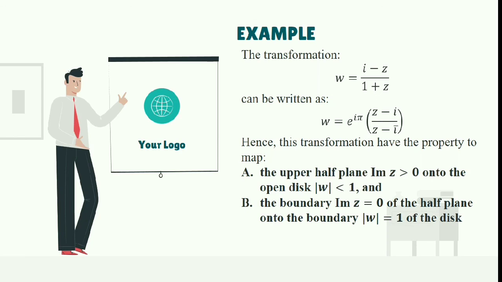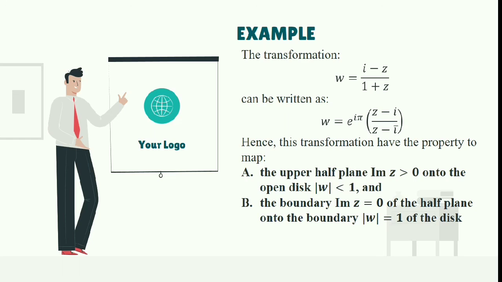For example, we have the transformation w equals i minus z over i plus z. It can be written as w equals e to the i pi times z minus i over z minus the conjugate of i.